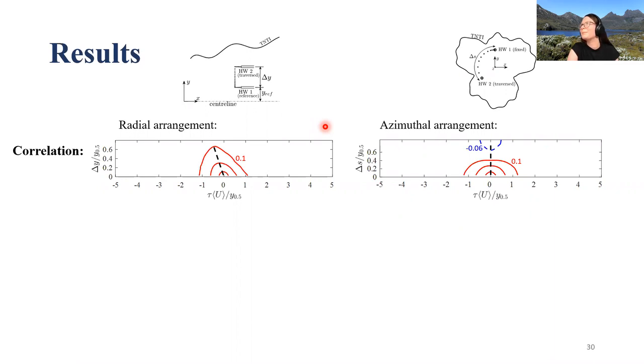I might ask a question while the person is trying to find out where to put this question. You are interested in large structures, correct? Well, both: eddy structures and very large scale motions. If you mean the VLSMs, yeah.